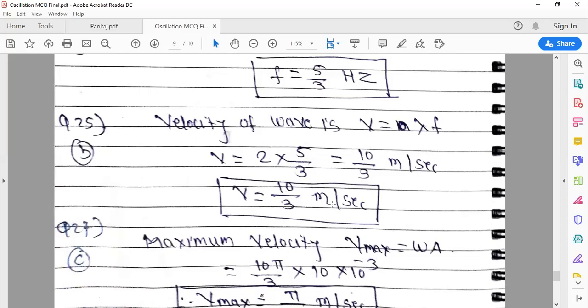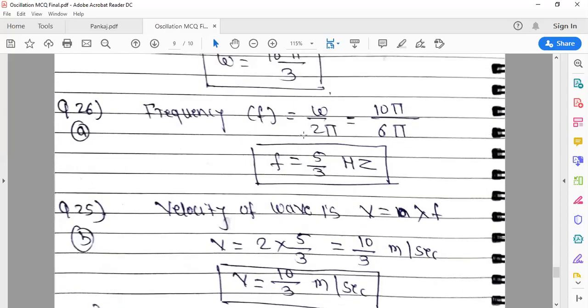Question number 26 depends upon the given diagram. Determine the frequency of the same. The frequency is omega upon 2 pi, and this is equal to f is equal to 5 by 3 hertz. So the correct option for this frequency is option A, 5 by 3 hertz.